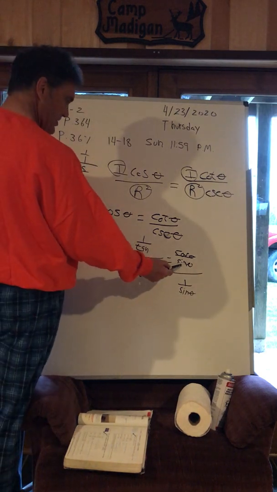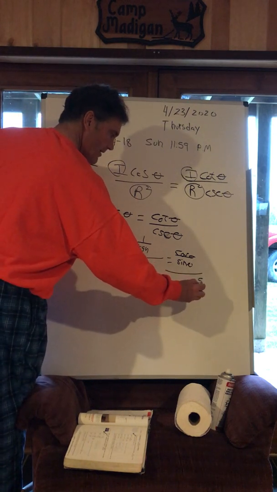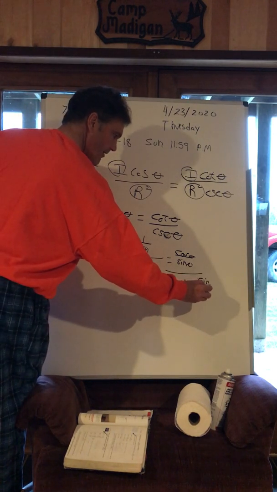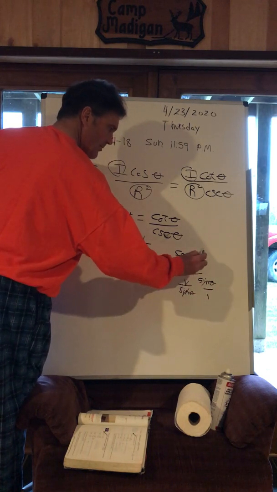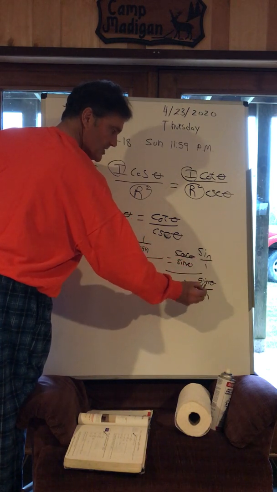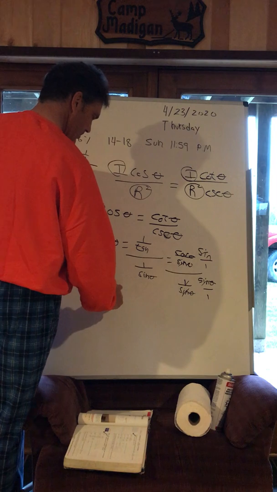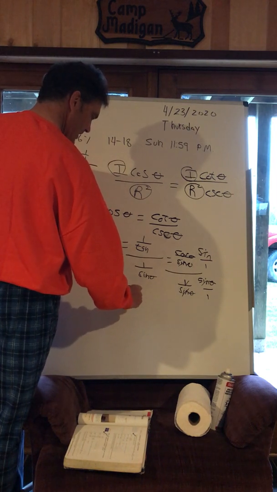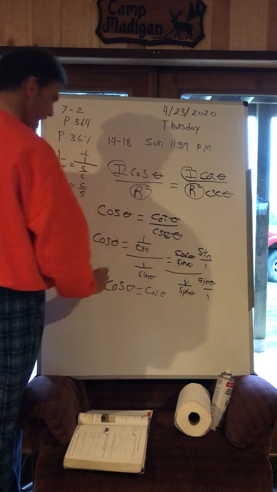And of course, you can start to see if I multiply the bottom by the sine over 1, these cancel. Multiply the top by the sine over 1, these cancel. And you end up with the cosine of theta equaling the cosine of theta, which is a check.